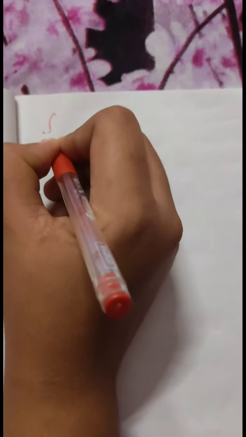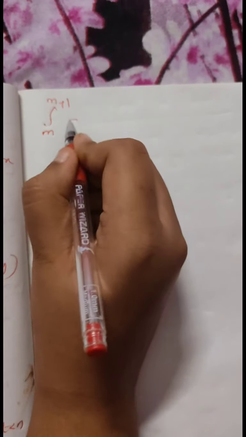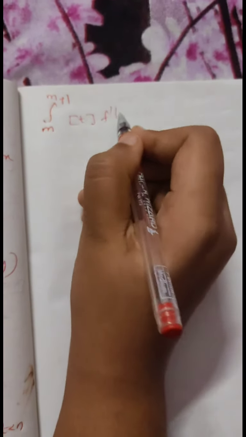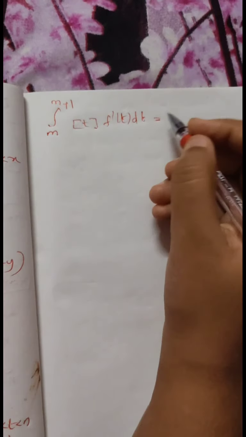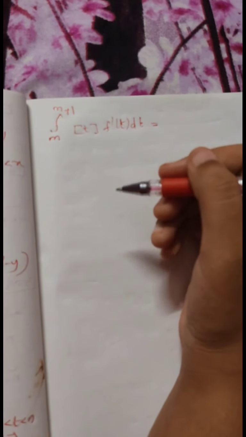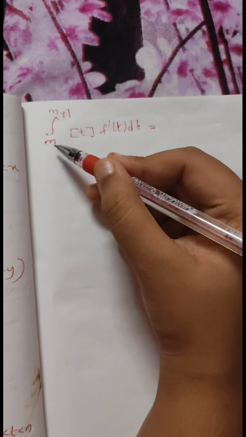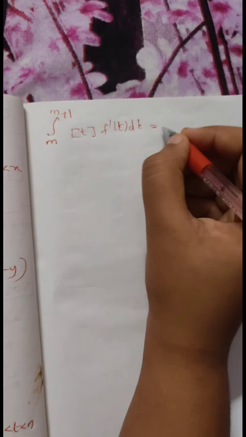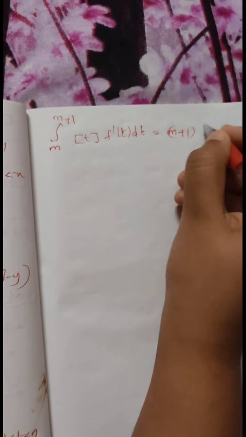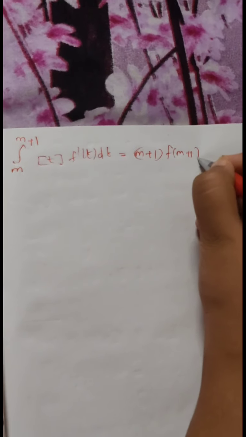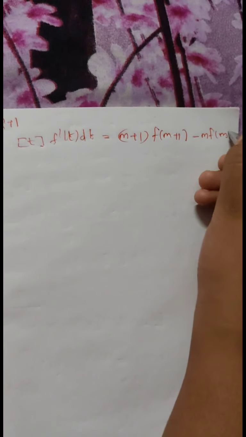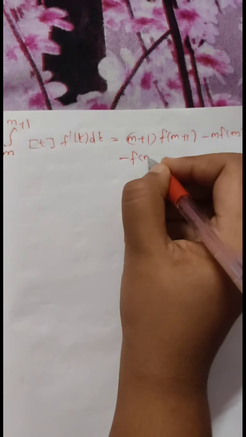The integral from m to m plus 1 of [t] f'(t) dt, applying equation 1, with m plus 1 in place of n and m in place of n minus 1, equals (m plus 1) f(m plus 1) minus m f(m) minus f(m plus 1).